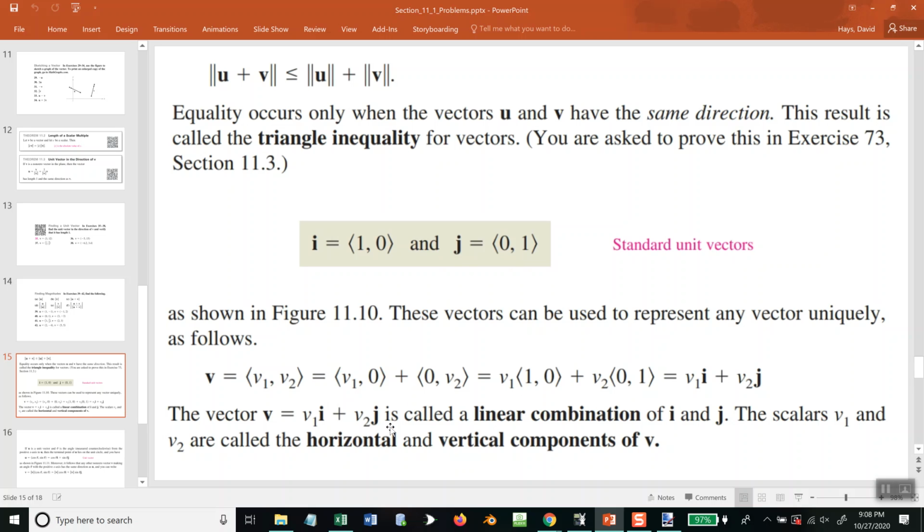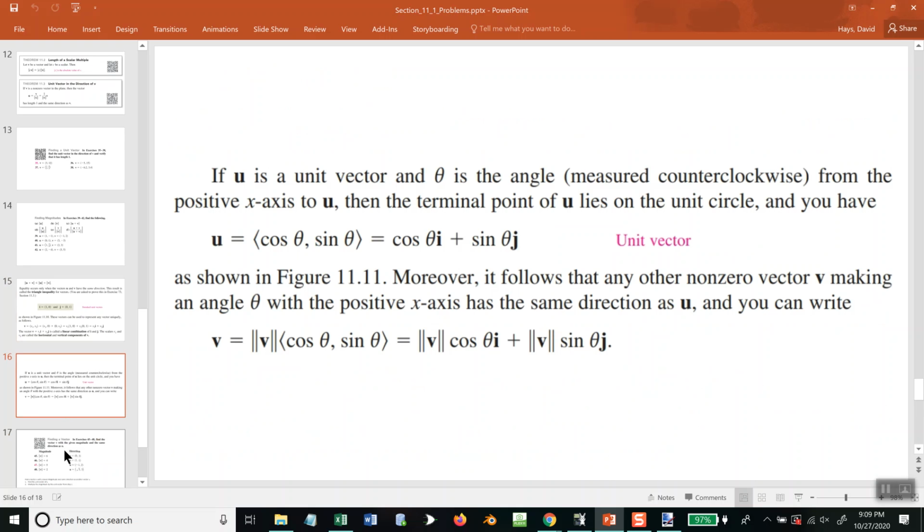Talked about how i and j help us write it in different form based upon the standard unit vectors. Here's another way of writing it for a unit vector. You put it in terms of your angle, cosine theta i plus sine theta j. Specifically, this formula down here.